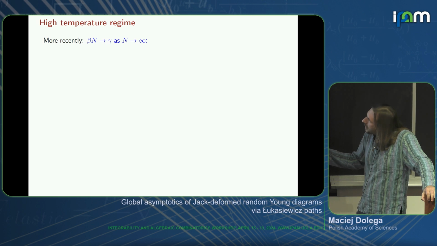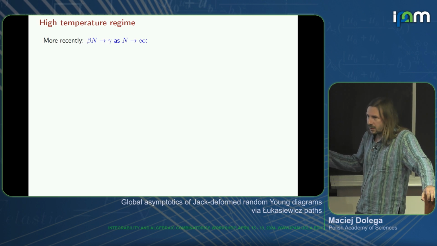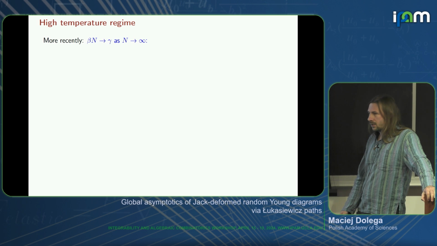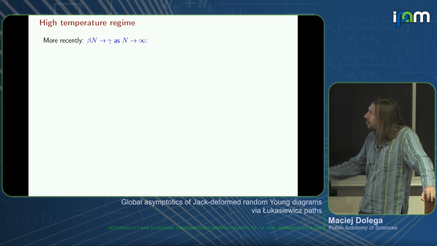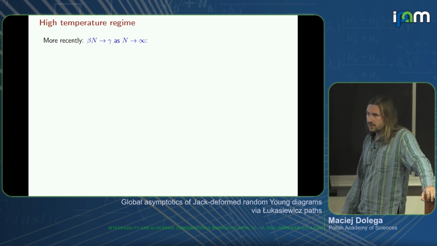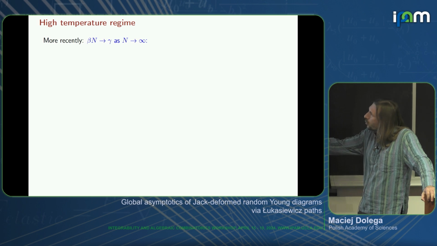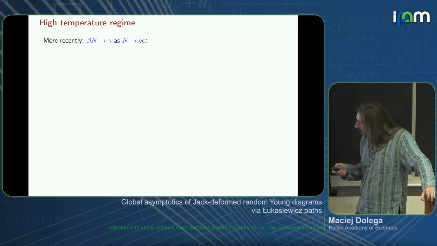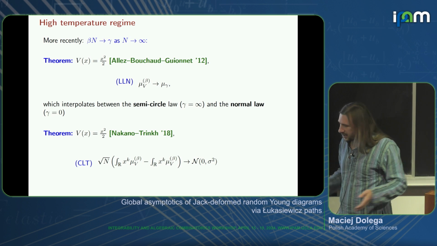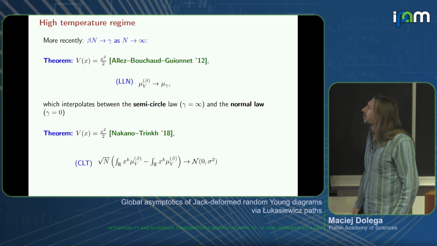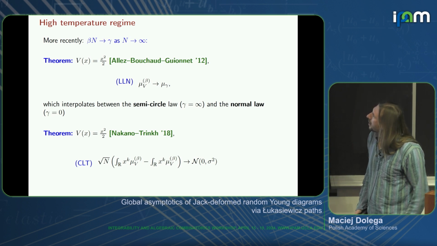So for instance, here, if gamma is equal to infinity, this corresponds to a fixed temperature beta. But you can ask what is happening in the regime when this gamma is some number? These types of questions were posed more recently.